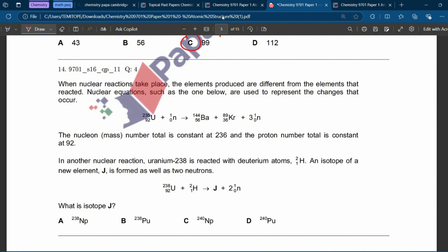So we go to our periodic table and then we look for technetium. They already told us where it is. Second row transition element. So basically technetium has an atomic number of 43. So what we're meant to do in a question like this is to do 43 plus 56, because protons plus neutrons give us mass number or nucleon number, and this is 99.